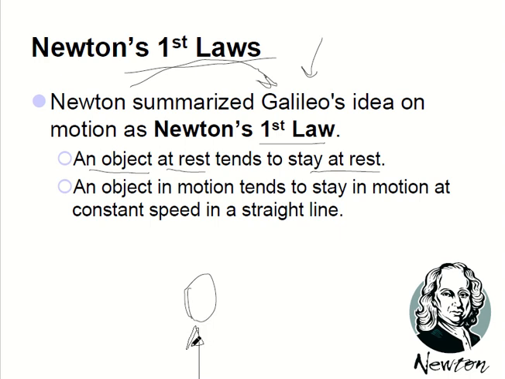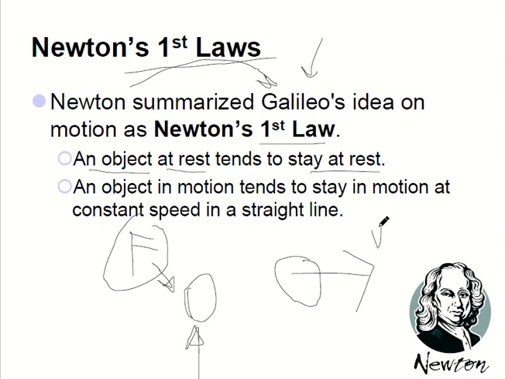No object is going to move on its own, because there's no force to disturb that balance. But if you do have a force, it would definitely get rid of the balance and it will move. An object in motion is going to stay in motion and go with a constant speed. Again, this arrow is showing you a straight line.